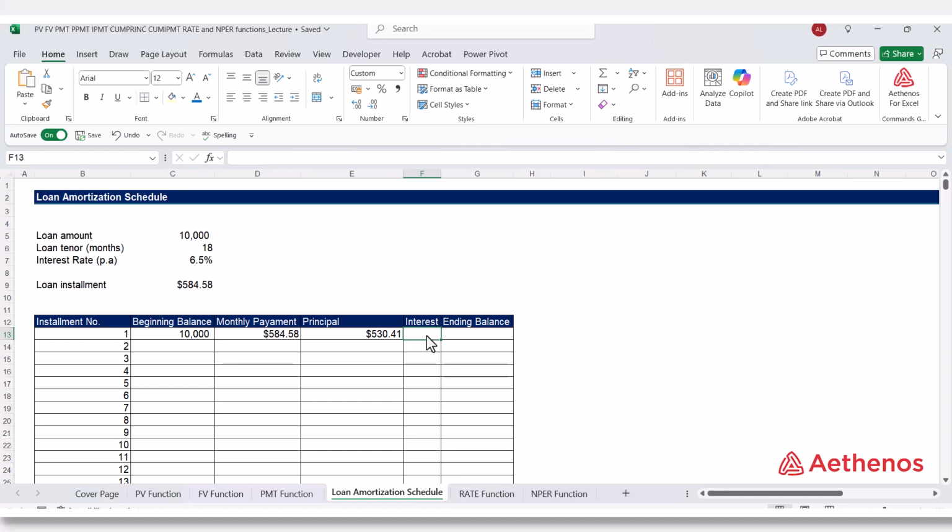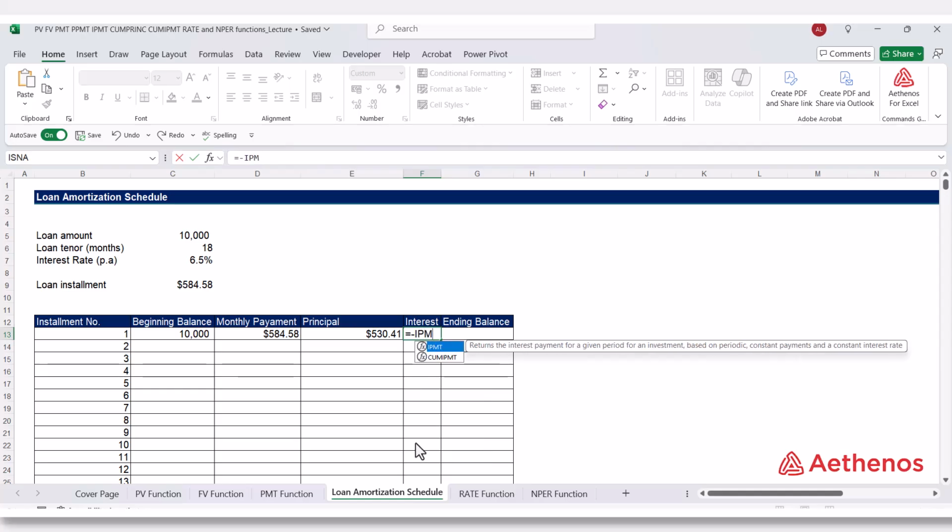So we can calculate the interest payment also. For this, we have a function similar to PPMT. It's called IPMT, interest payment. Same syntax. So we can use that here, equals. Again, we have to put minus IPMT for interest payment. And the rate, again, is going to be 6.5 divided by 12.